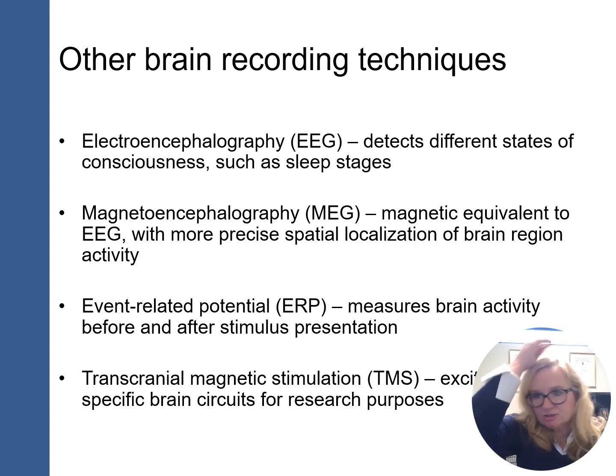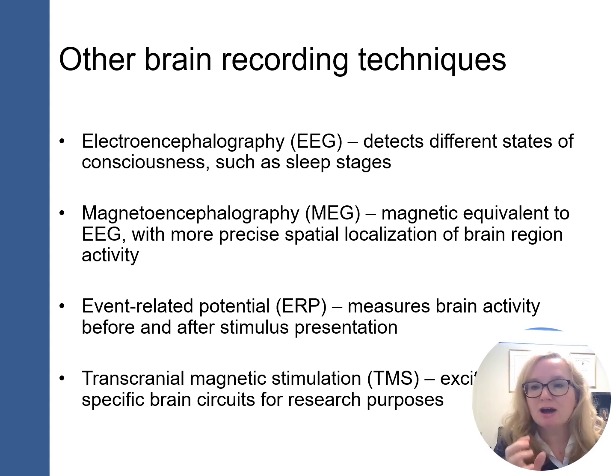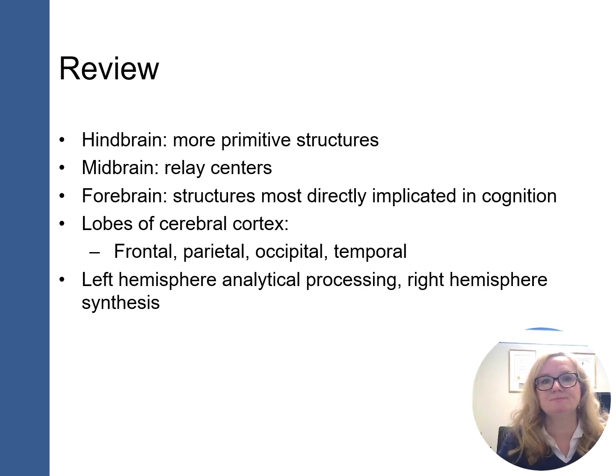You're putting little electrodes around the scalp, so you're not fully localizing function in great detail, but these studies can be very useful to present a stimulus and then see where activity happens immediately after the stimulus presentation. And then TMS, transcranial magnetic stimulation, also can tell us a lot about specific brain circuits.